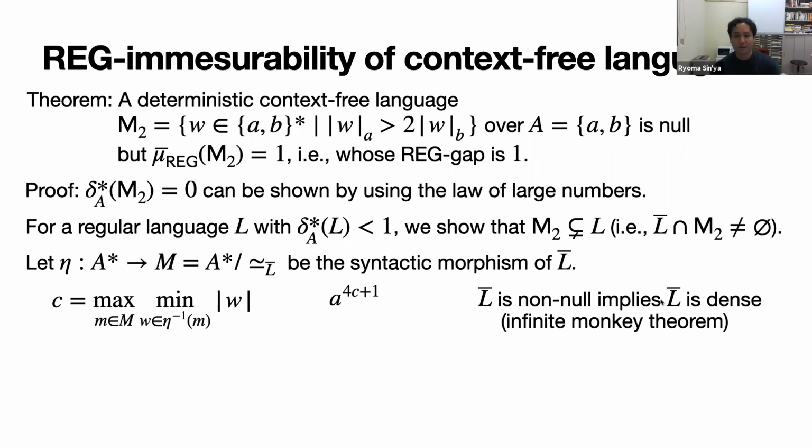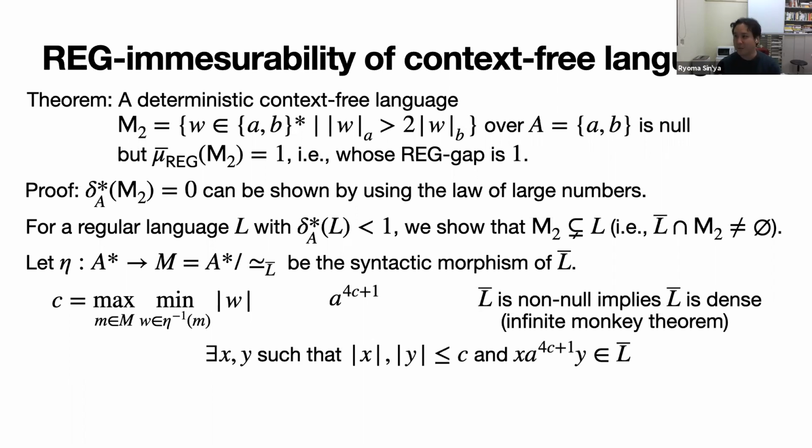So by using the infinite monkey theorem, we can say that the complement of L is dense. Okay. So this means that there is a pair of words x, y, such that x, A to the C plus 1, y is in the complement of L. And also we can take such x and y with length smaller than C because of this definition of C, okay? So now let's count the number of B's in this word. The central part consists of only A's.